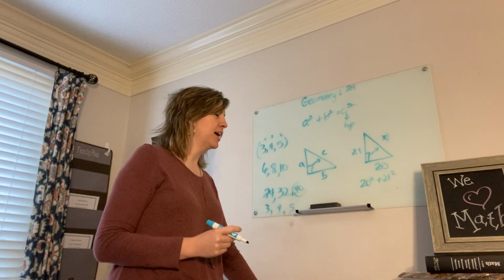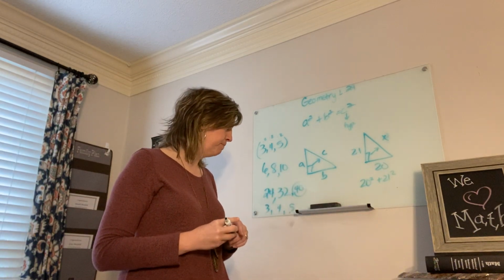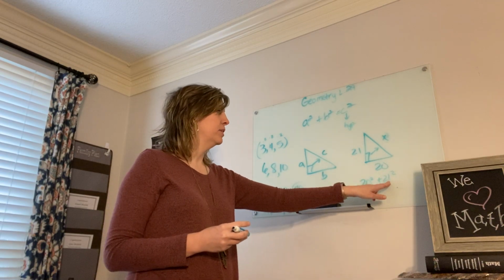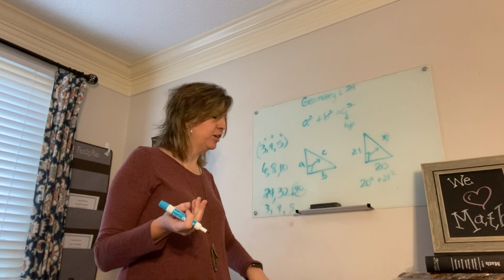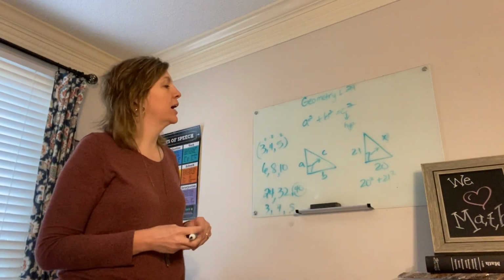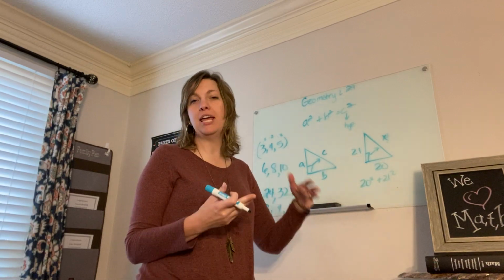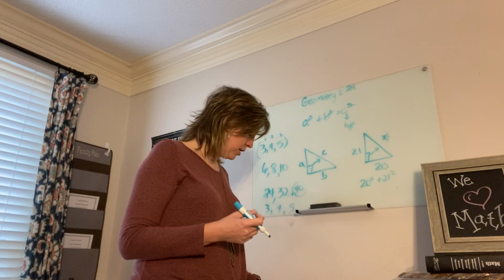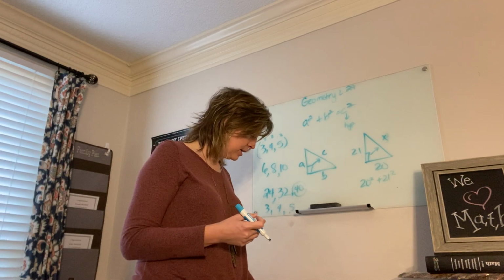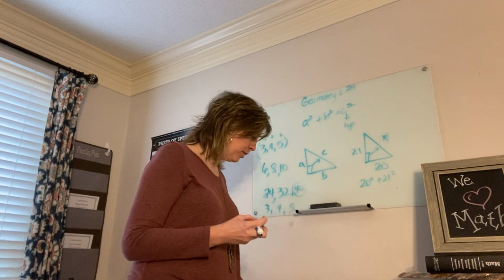Now that's not a Pythagorean triple because this reduces by 2, but this is not divisible by 2. So that's not a common Pythagorean triple, but it could work out to one. So on your calculator, say 20 squared plus 21 squared equals, and then square root that answer for what your hypotenuse is. And notice it's opposite the 90 degrees, the right angle.